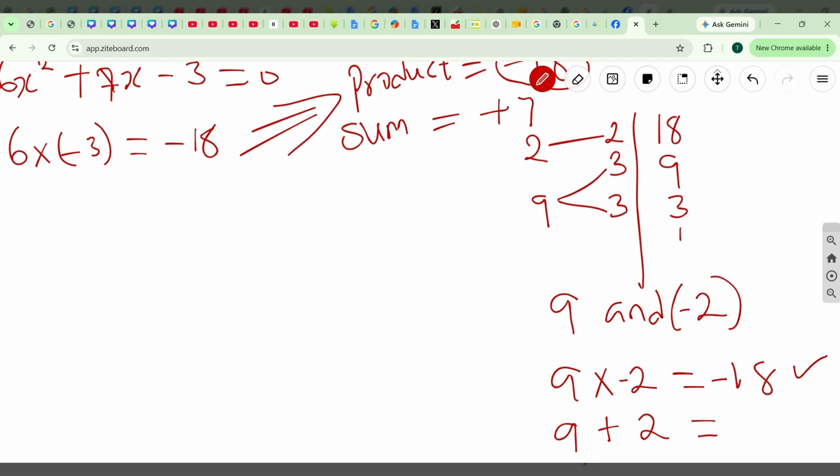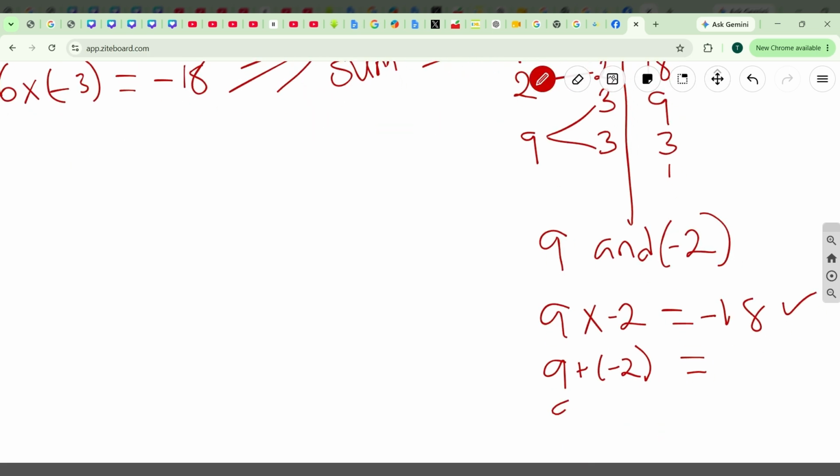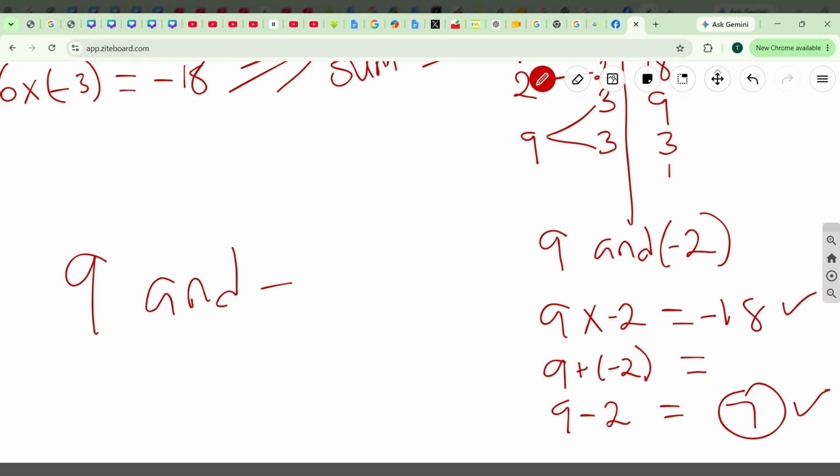And then 9 plus negative 2, that is 9 minus 2, and that's going to give me 7. Hola! So you can see how easy it was for us to get this number. So we know that these numbers are 9 and negative 2.